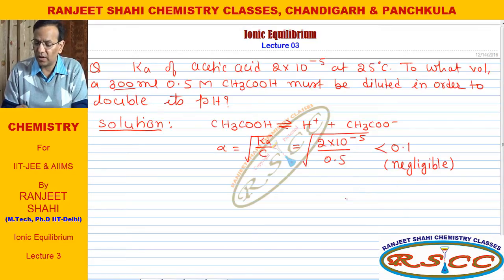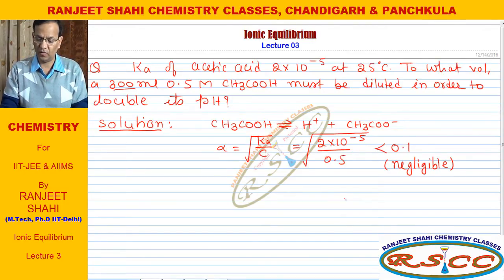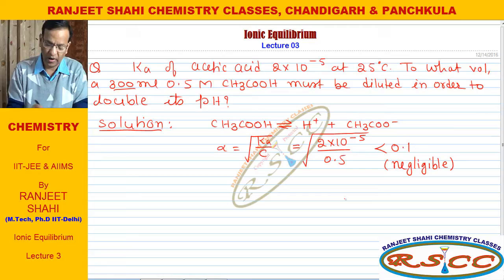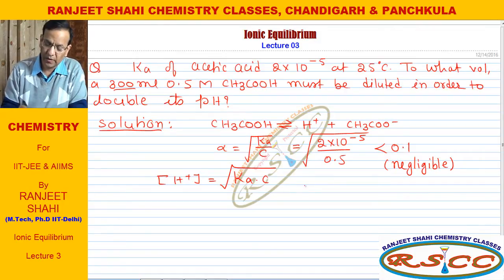In case of negligible alpha, we know that the concentration of hydrogen ion in the solution will be root under Ka into C, which we derived in the previous lecture.